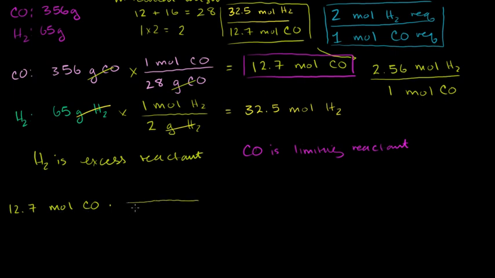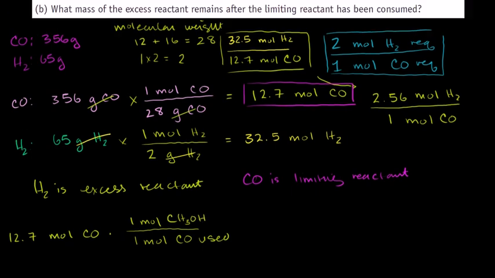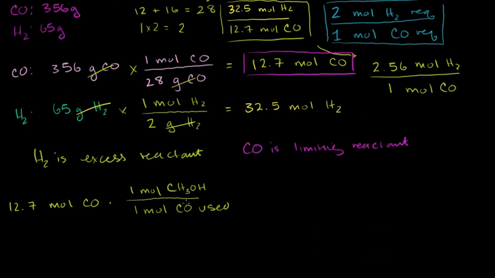So for every 1 mole of carbon monoxide used, we have 1 mole of methanol, CH3OH, produced. We get that straight from the balanced equation.